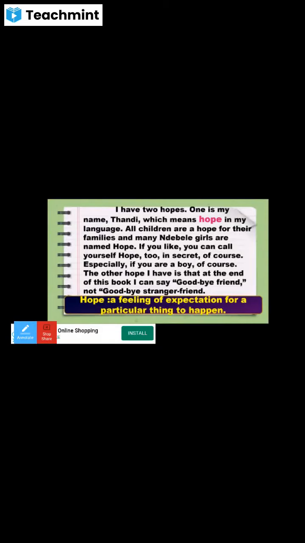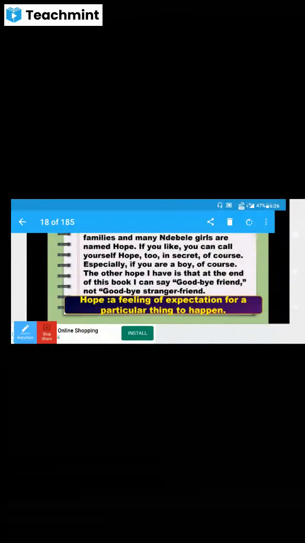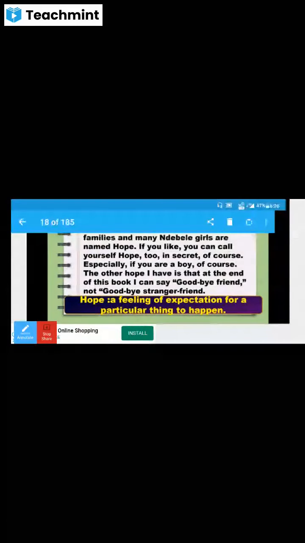Most families think about their children's hopes. My child wants to become a bank manager, a police officer, a teacher. Like this, they have many hopes about their children.